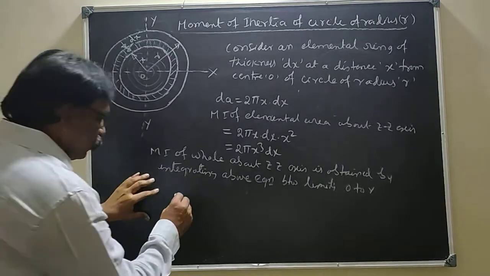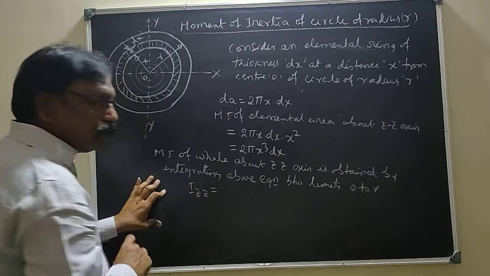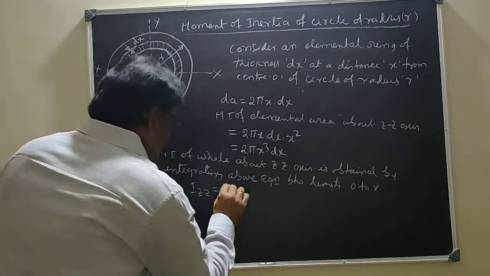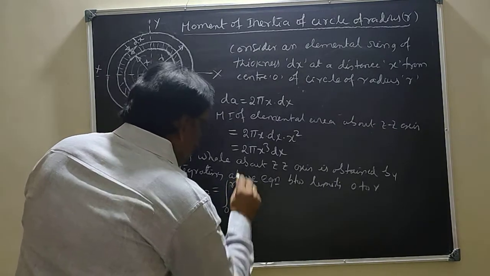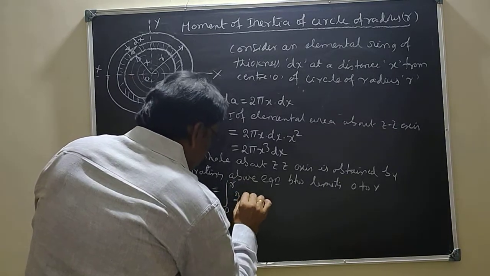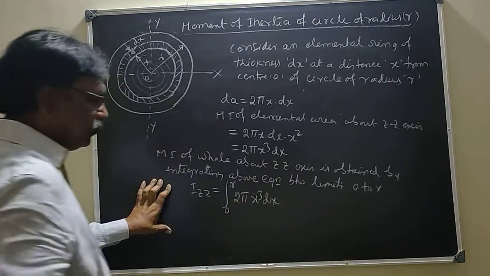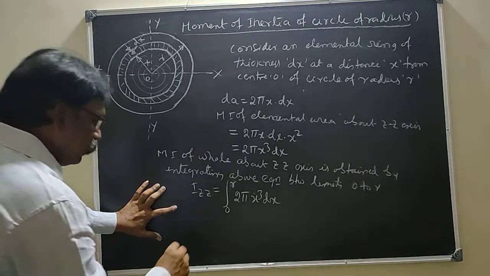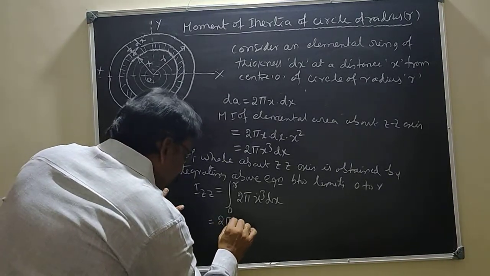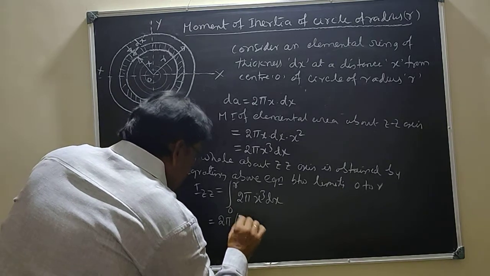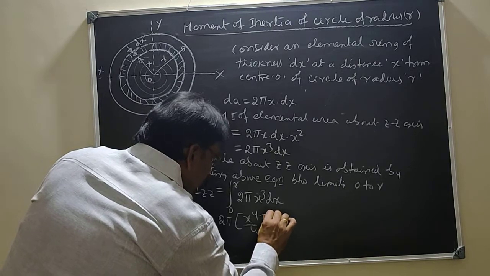So I can write Izz is equal to the integral from 0 to r of 2 pi x cube dx. That will be equal to 2 pi into x to the power of 4 divided by 4, from 0 to r.